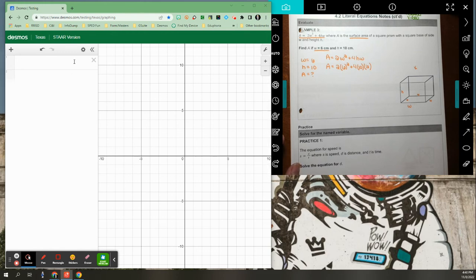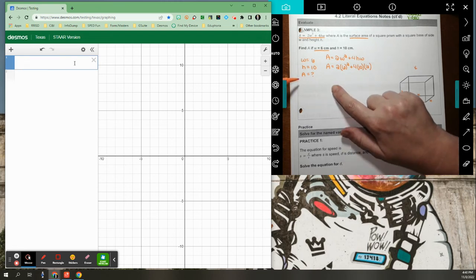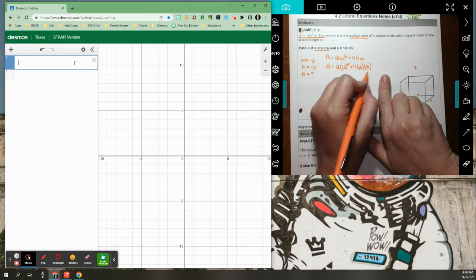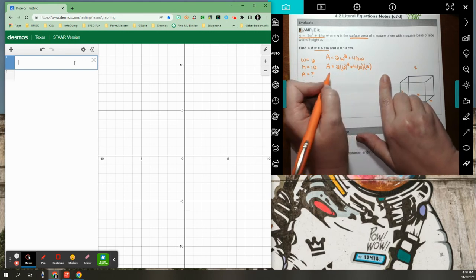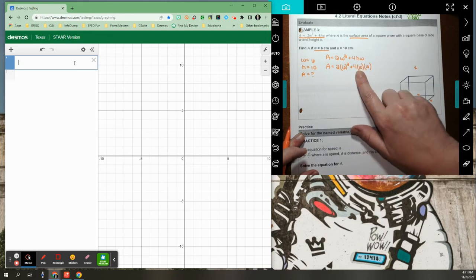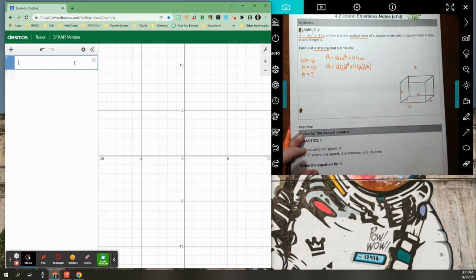We are going to copy it in here. Now, we're trying to find A, so we're not going to put A in there because whatever this equals is A. So now that this is all numbers and we don't have any variables, we can just let the calculator do its work.